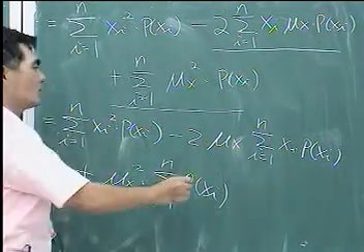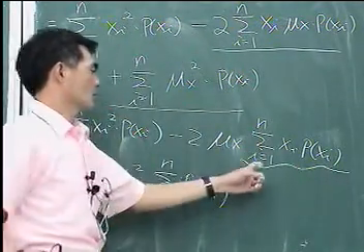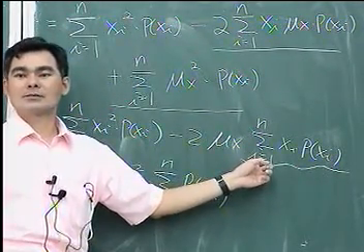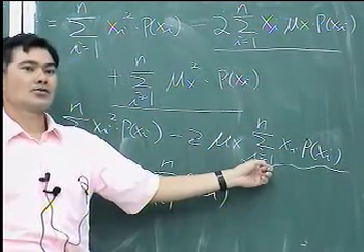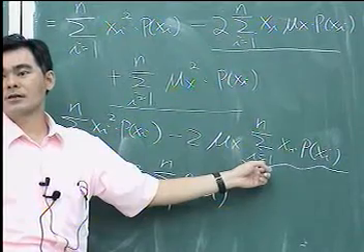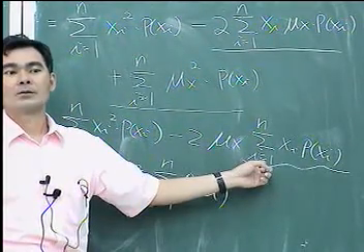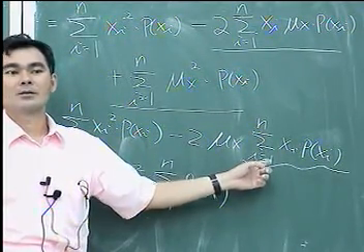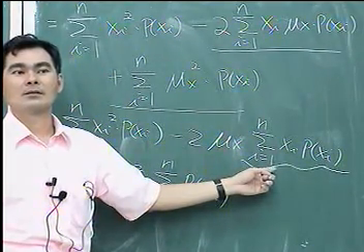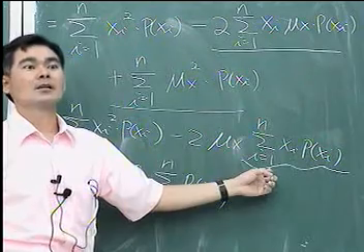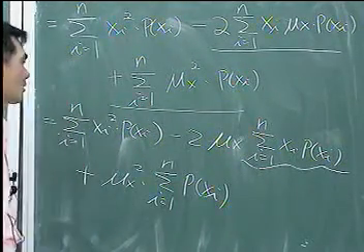Can anyone tell me what this is? It should be familiar to you. We just discussed it. We just talked about it. What is this? This is expectation, right? This is expectation.